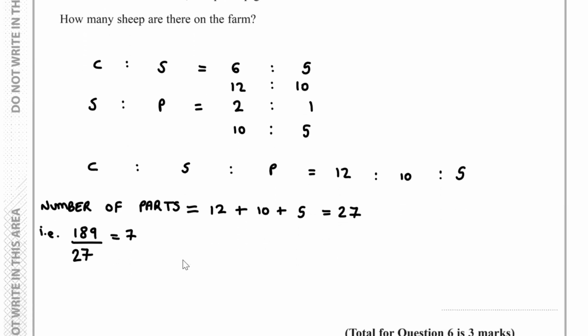So this is how many animals we have per part. And therefore the number of sheep is equal to 10, because we've got 10 here, multiplied by the 7, which is 70. We have 70 sheep.